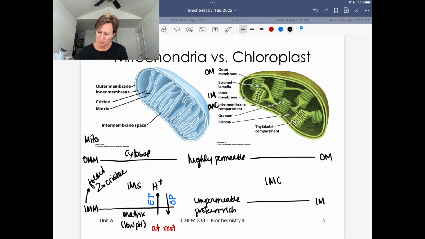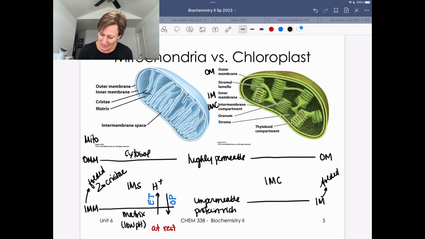And this inner membrane is folded similar to how it is in mitochondria, but it creates a different shape. Rather than folding it back and forth, you can think of it as poking in different discs. We call these discs thylakoid compartments.